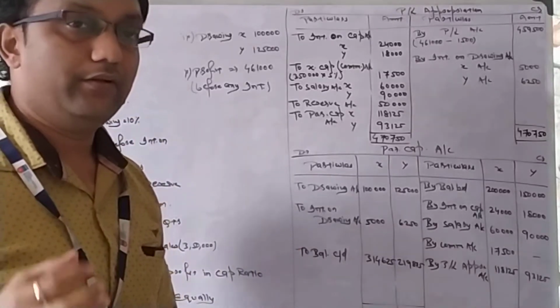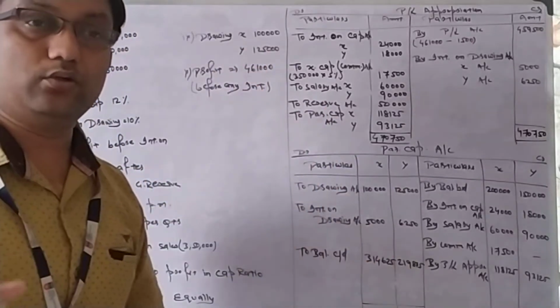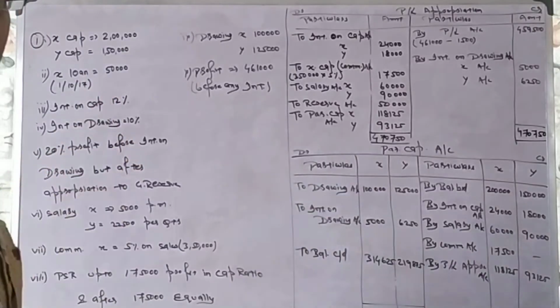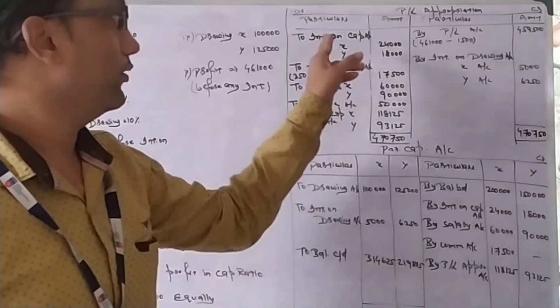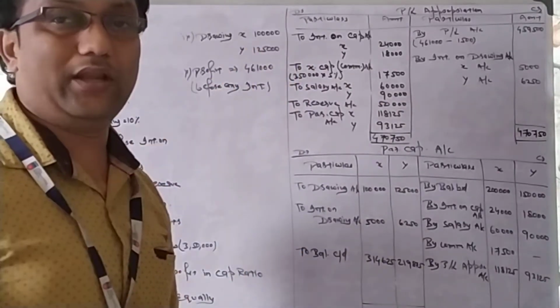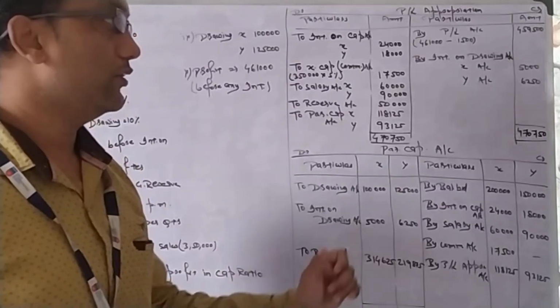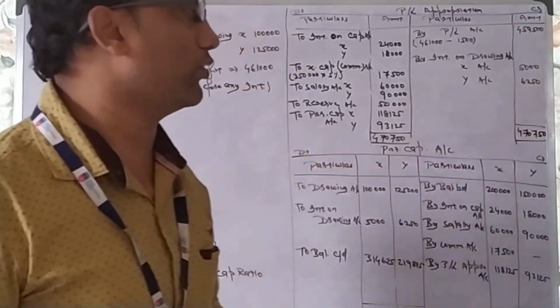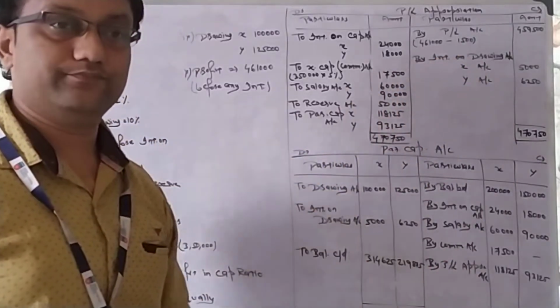Time is not given, we will take average, that is 6 by 12. So 1 lakh into 10 by 100 into 6 by 12, and same for Mr. Y, 1,25,000 into 10 by 100 into 6 by 12. The figure will come 5,000 and 6,250. We will write over here in the name of X and Y.